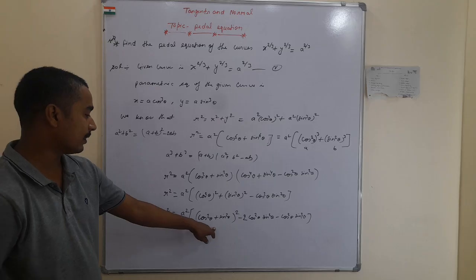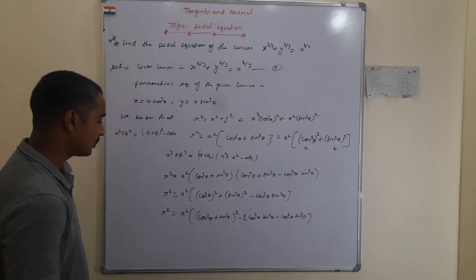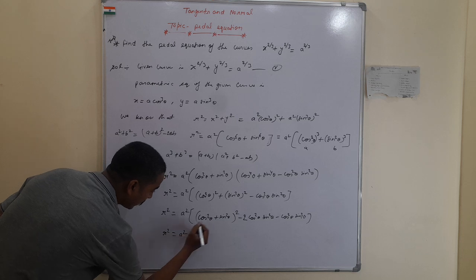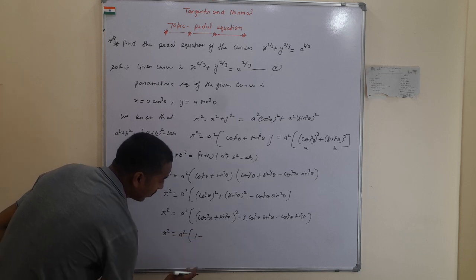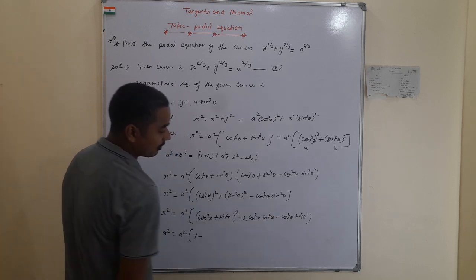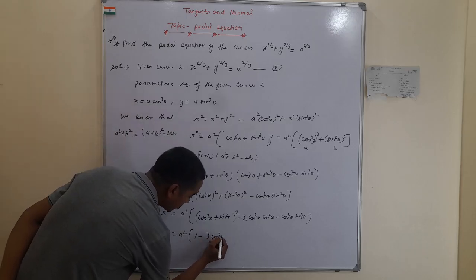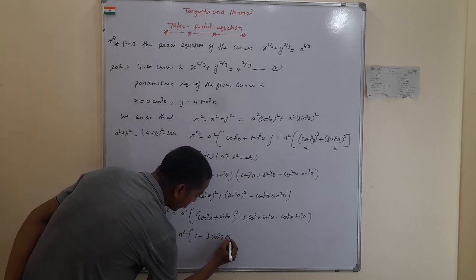We know cos square theta plus sin square theta is 1. So r square is equal to a square into 1 minus 2 minus 1, which is minus 3 cos square theta into sin square theta.